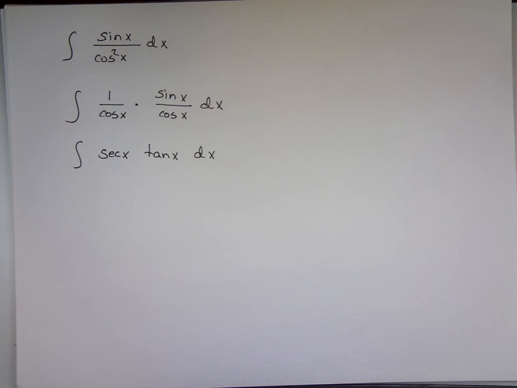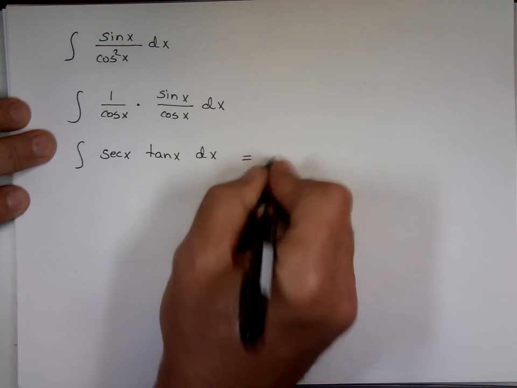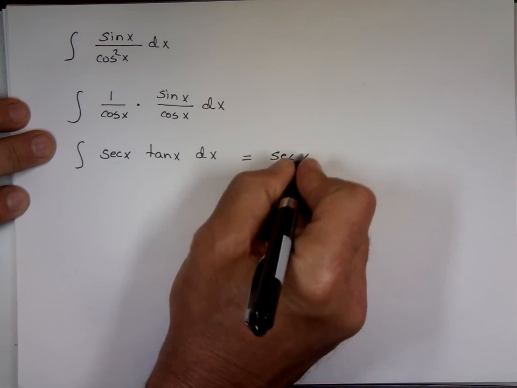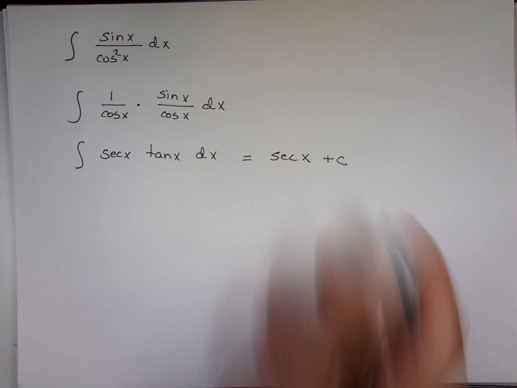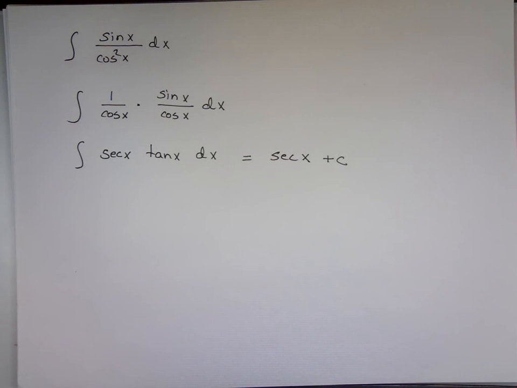Someone says tangent, but the derivative of tangent is secant squared. Secant. The derivative of secant is secant tangent. So I just played with the algebra to match one of the formats that we know the answer to.